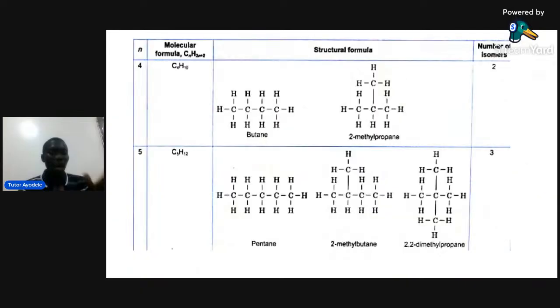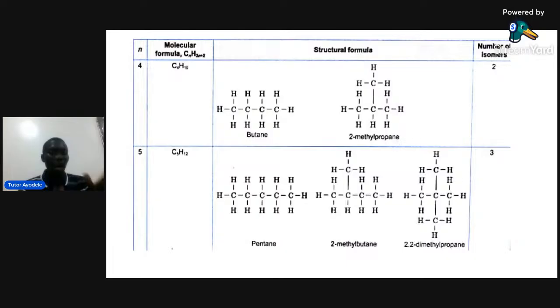Let's proceed. Now, I said something earlier that acyclic, they are either in straight chain, or what? Or branch. Now, if you look at examples of acyclic, I said acyclic is divided into three: alkanes, alkenes, and alkynes. Now, the examples you are seeing here are examples of just only alkanes.